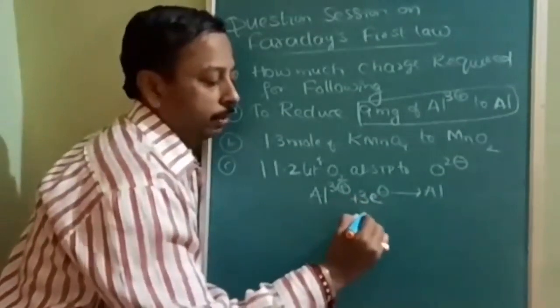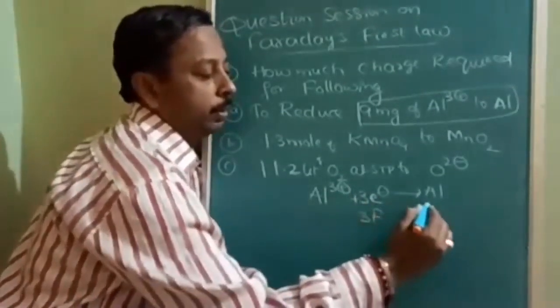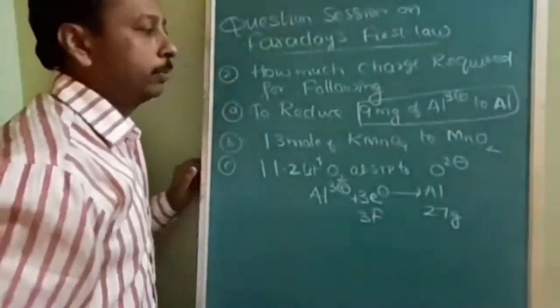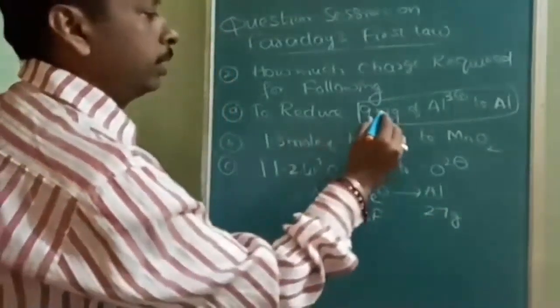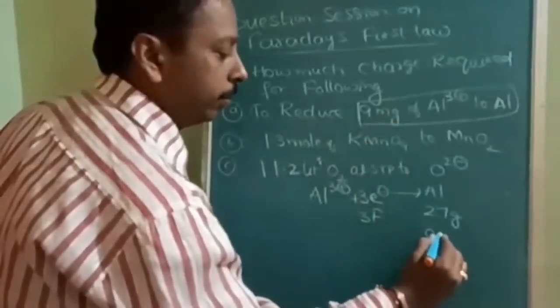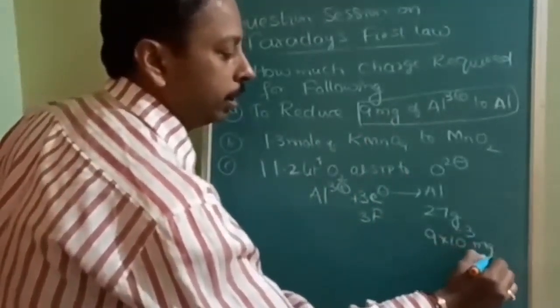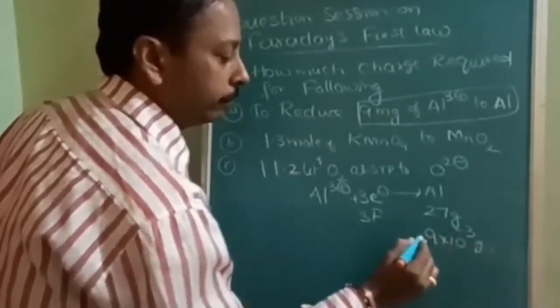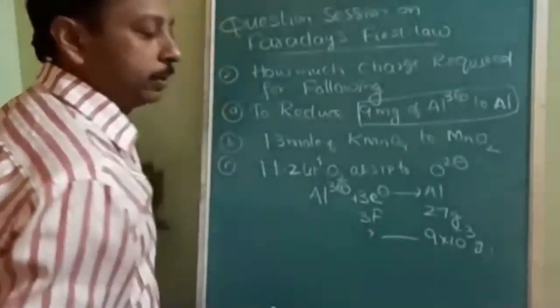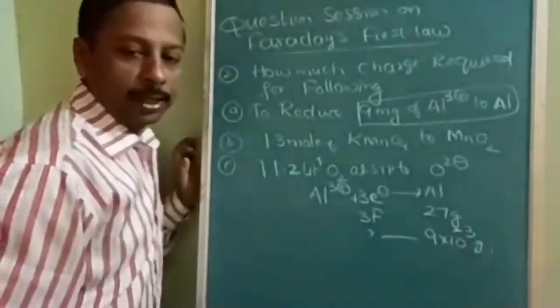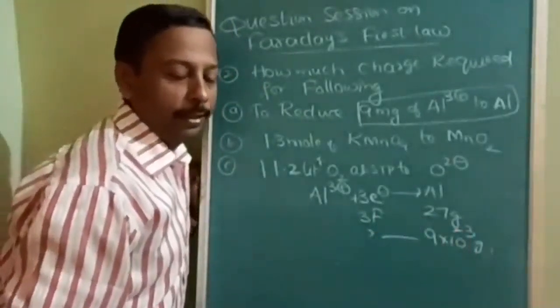So directly we can write 3 Faraday. 3 Faraday I will use, then I will get 27 grams. Okay. And here we have 9 milligrams. So 9 into 10 to the power of minus 3 grams will require how much charge? Very simple. No formula, no trouble. Okay. So directly you can find it out here.